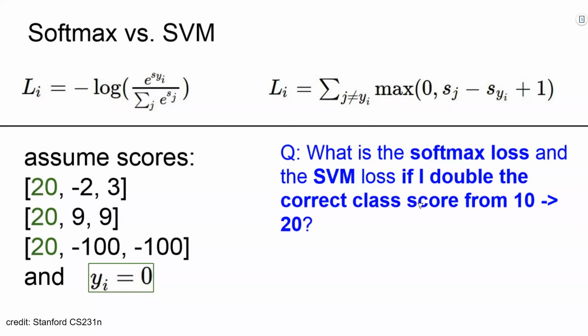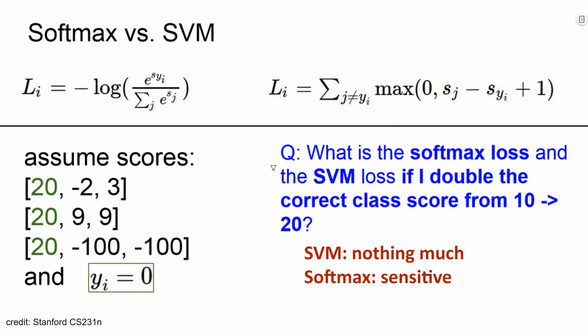And if we double the correct class score from 10 to 20, what happens? Think about it on your own. Okay, what is going to happen? In the case of SVM, nothing much. Because in the case of SVM, if the margin +1 is achieved, then adding more score to the correct class does not change the loss.